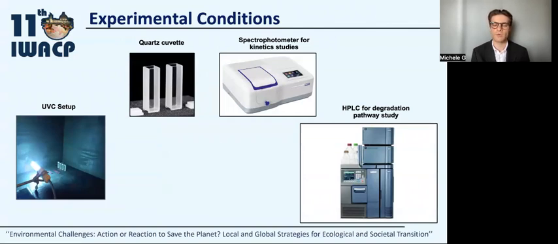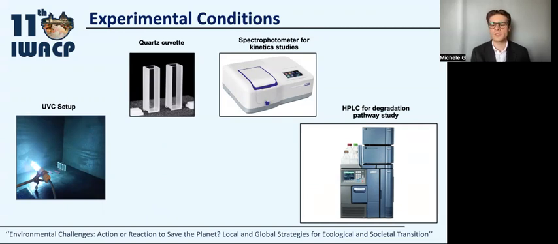For the kinetic study portion, the concentration of chloramphenicol was monitored by spectrophotometer absorbance at 290 nanometers of wavelength in order to avoid interference with the hydrogen peroxide. This can be seen on the top right figure. The transformation products, however, were studied with the use of high-performance liquid chromatography, or HPLC, as can be seen on the bottom right figure.